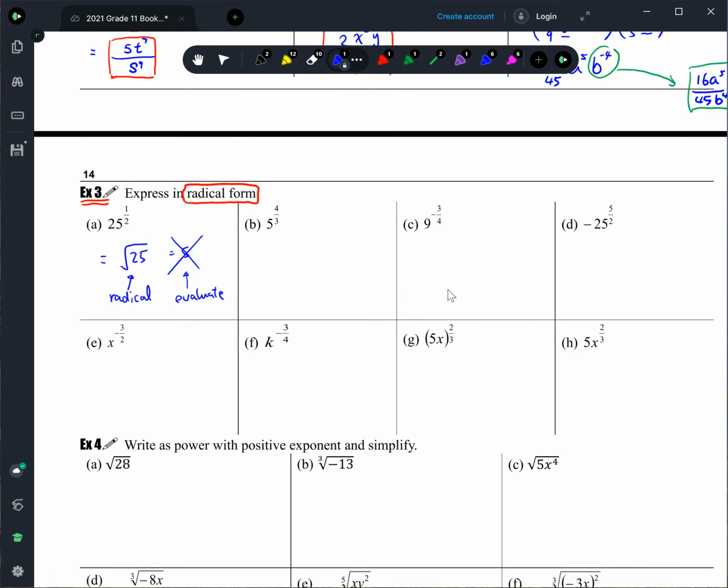Do not evaluate. If the exponent has negative, you need to flip it, okay? All right, one more minute.